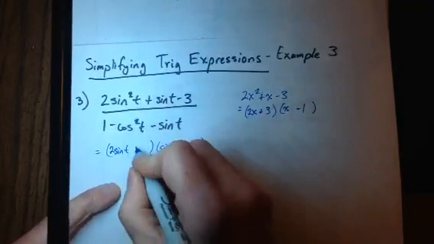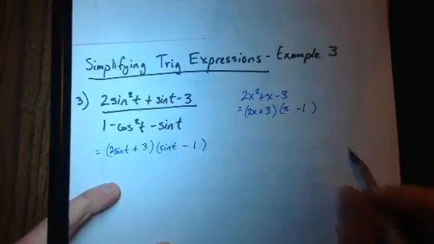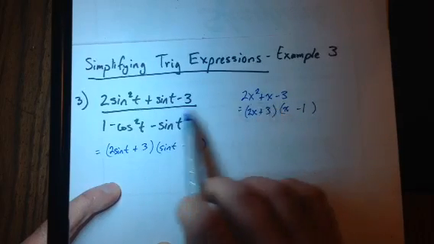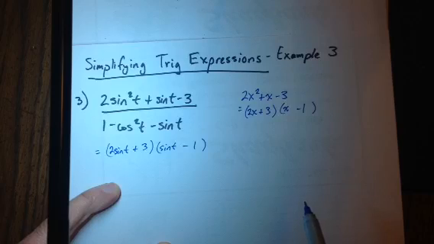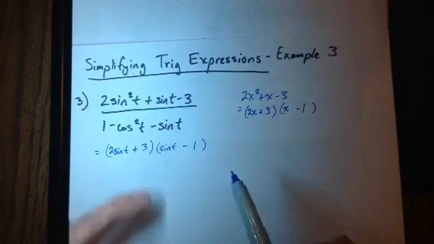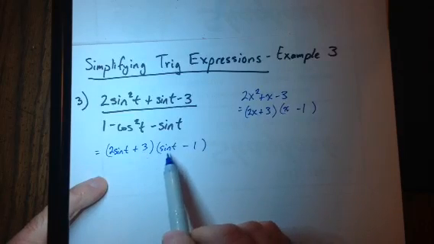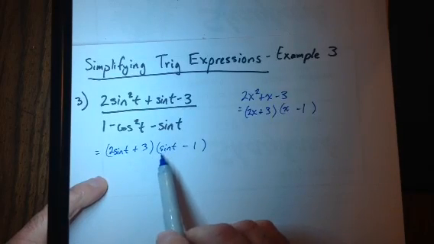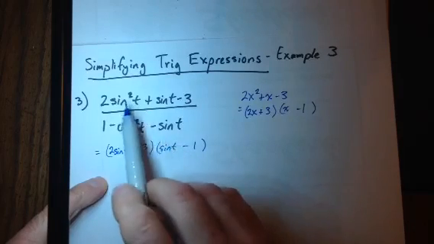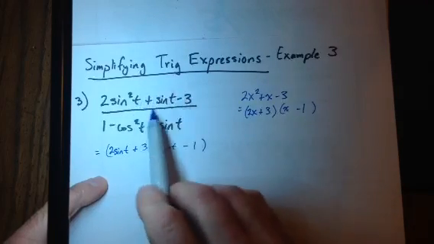Then I'm going to put the plus 3 minus 1 in. It's a little bit easier because we've already done it with just x terms. And if you want, you can do that on your own as well. But you'll see here this gives us the minus 3 that we need. And we check our middle term. We see we get 3 sine of t minus 2 sine of t, which is going to give me the middle term I need up here.